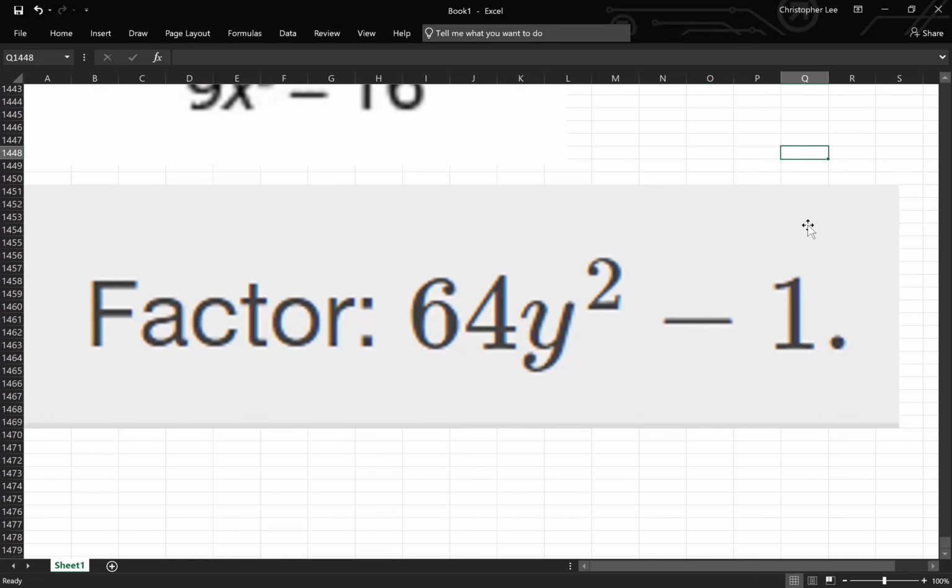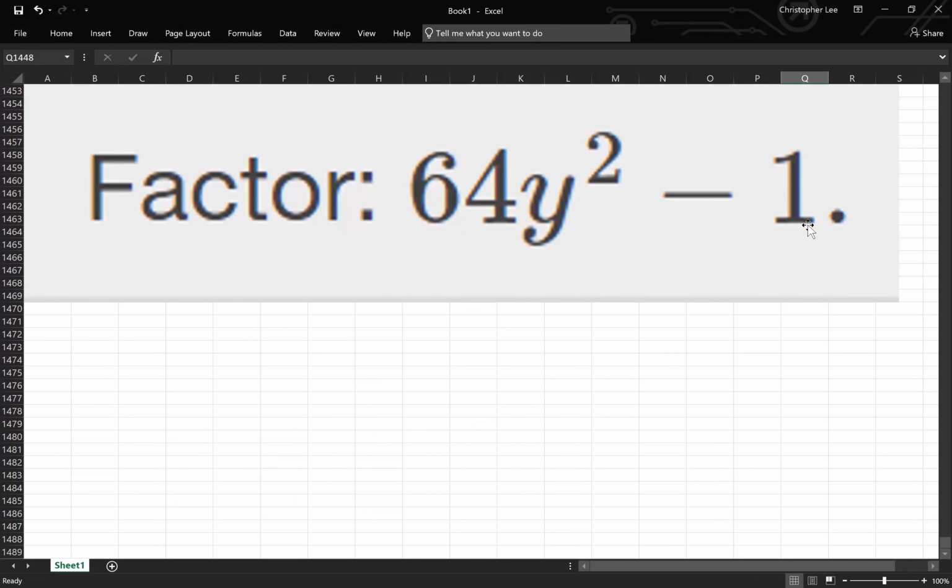That is too simple. Check this out. You already know the factors are going to be like this.